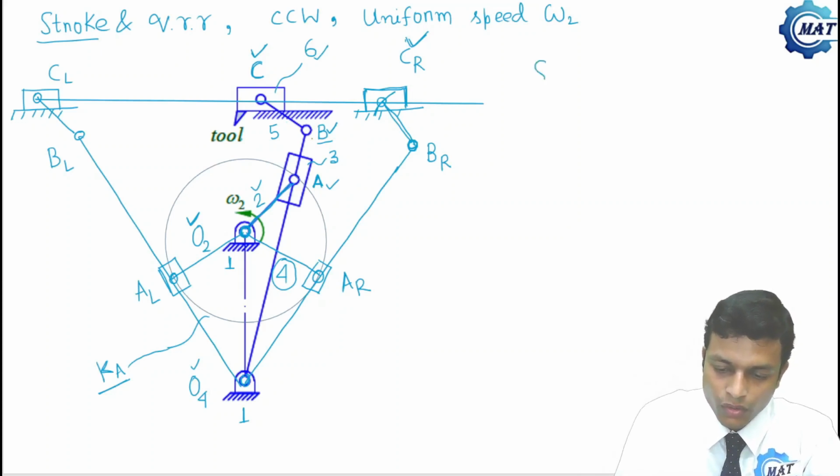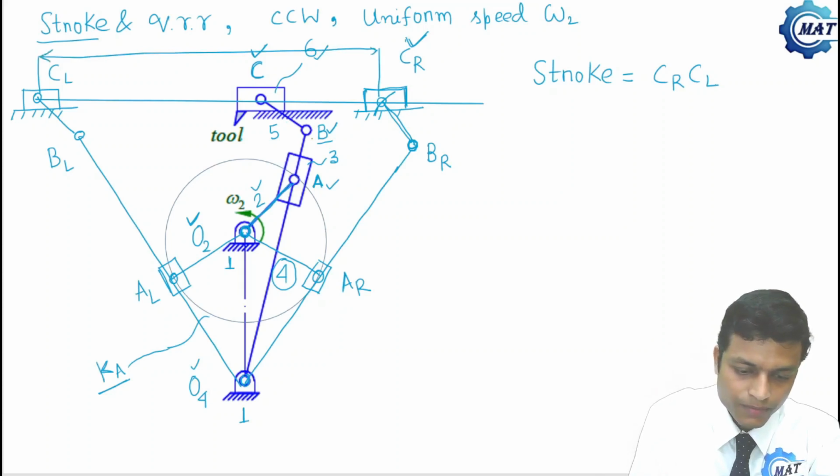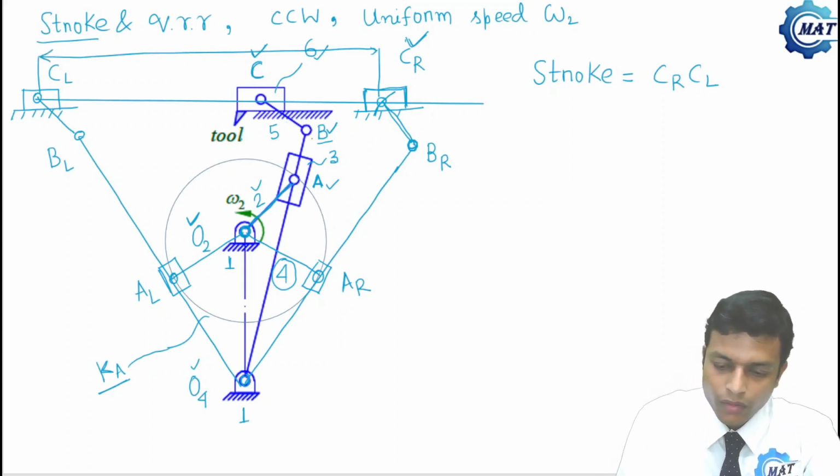Now what is stroke? Stroke is CRCL. That is, this distance is the stroke. And what is quick return ratio?